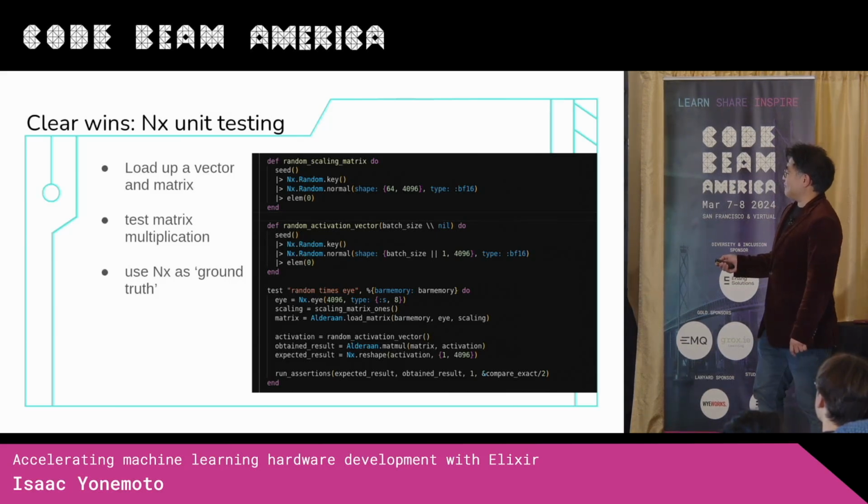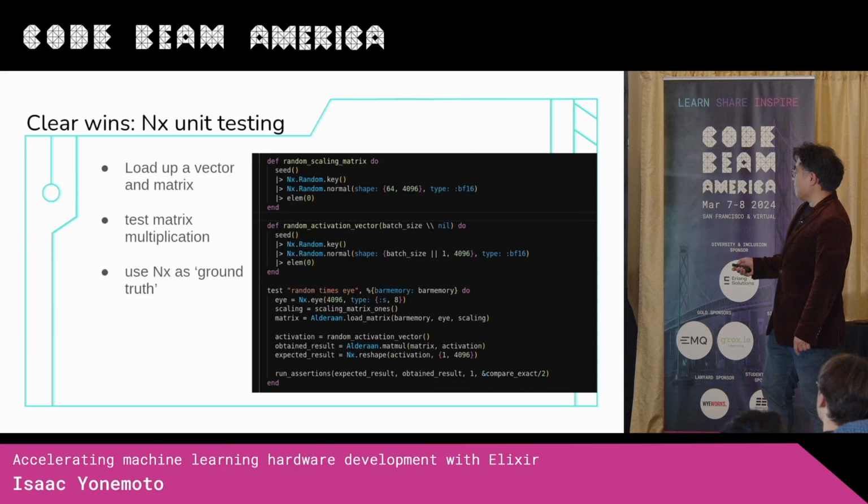But basically, you just create an identity matrix, fill it with ones, and then load the matrix into Alderon. And then we also run a matmul. Then we expect as a result just a single vector of 4096, and then we can assert that the expected result is the obtained result, right?